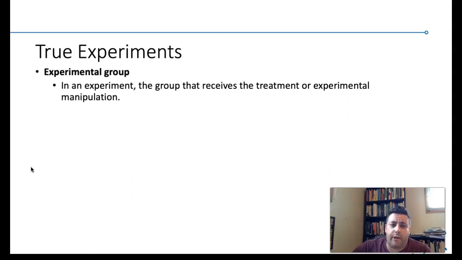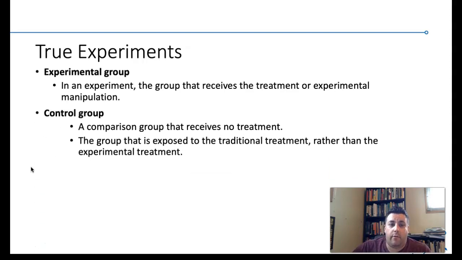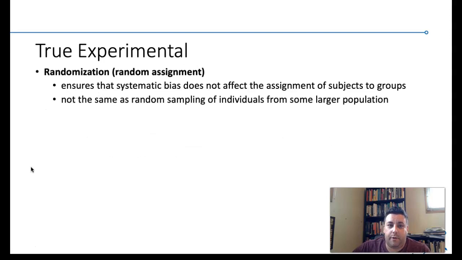So just to reiterate, the experimental group gets the treatment or the manipulation. The control group gets either no treatment or the traditional treatment. And this idea of randomization ensures that there's no systematic bias, or even unintentional bias, that might skew the results.